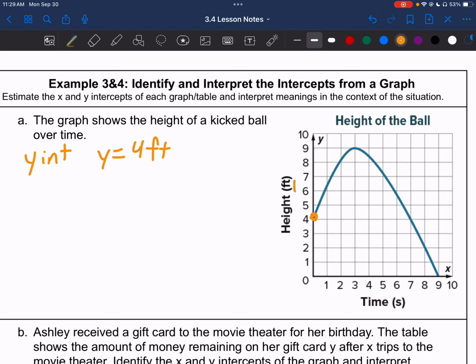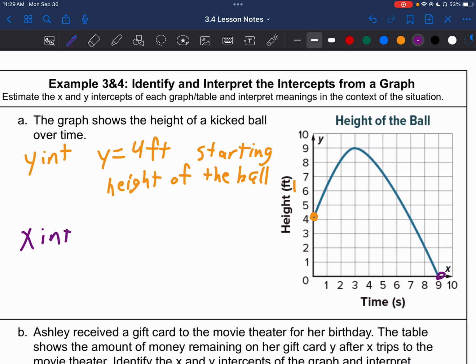Well, this says the graph shows the height of a kicked ball over time. So when time is 0, the height of the ball is 4 feet. That is the starting height of the ball. Now, what is my x-intercept? My x-intercept is right down here at 9.